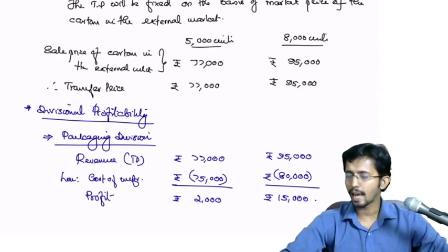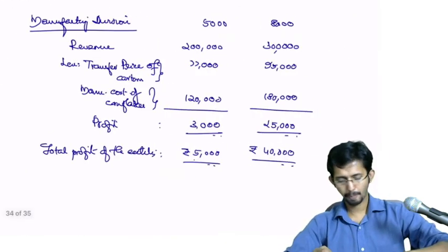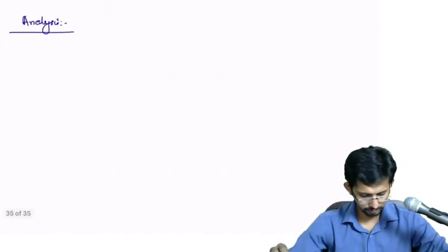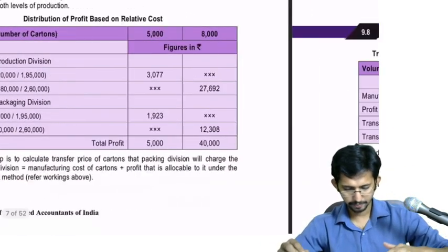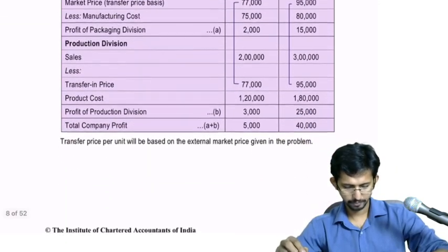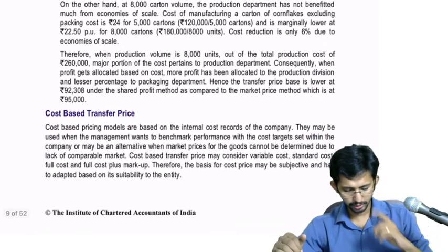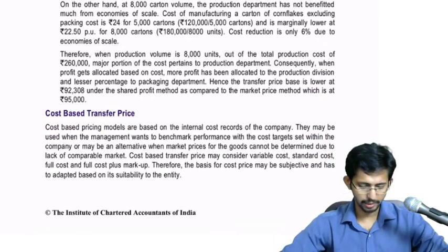So that is the analysis you can make. Okay, now is there any other question here? Analysis of results. Then you will have to move to the next topic, cost based transfer pricing.